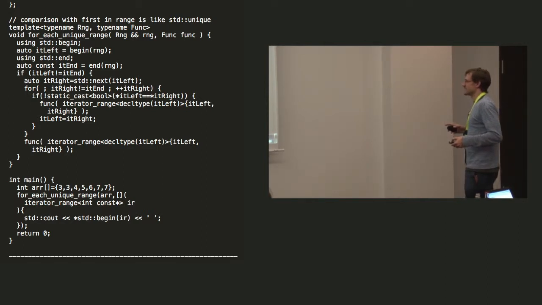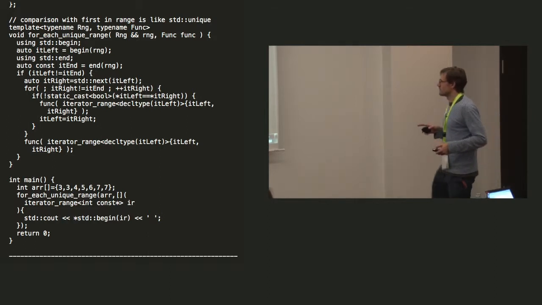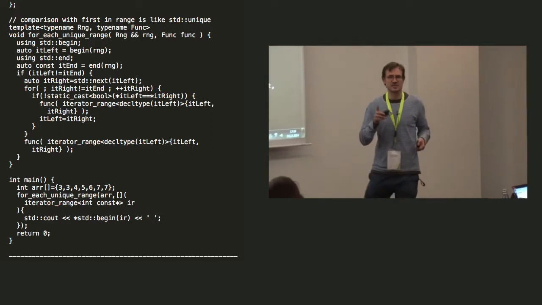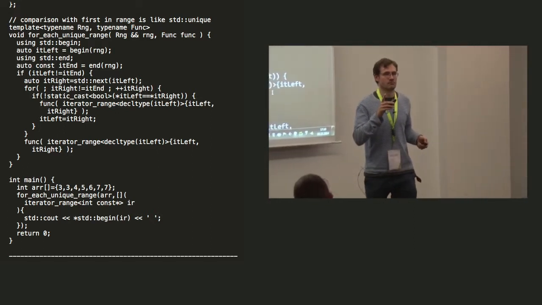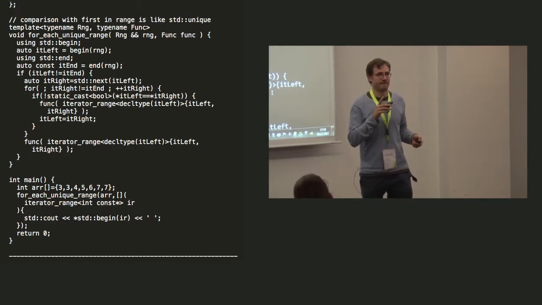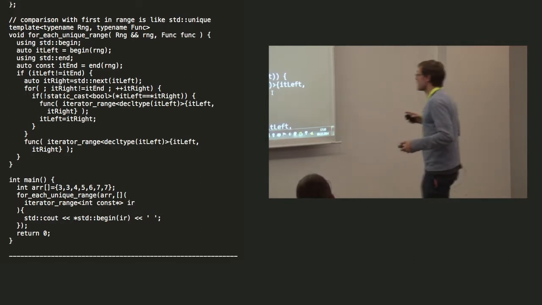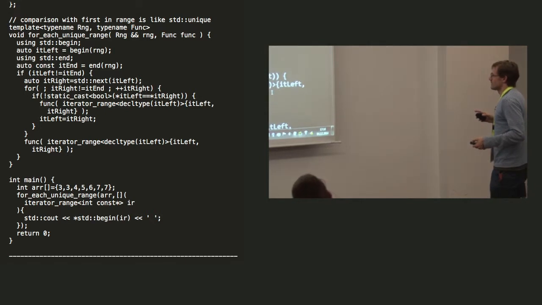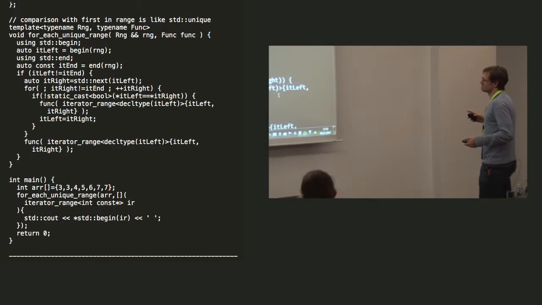I wrote the static cast bool in front of it. What is that about? Why did I write static cast bool? Anyone? First of all, well, I applied here the not operator, right?